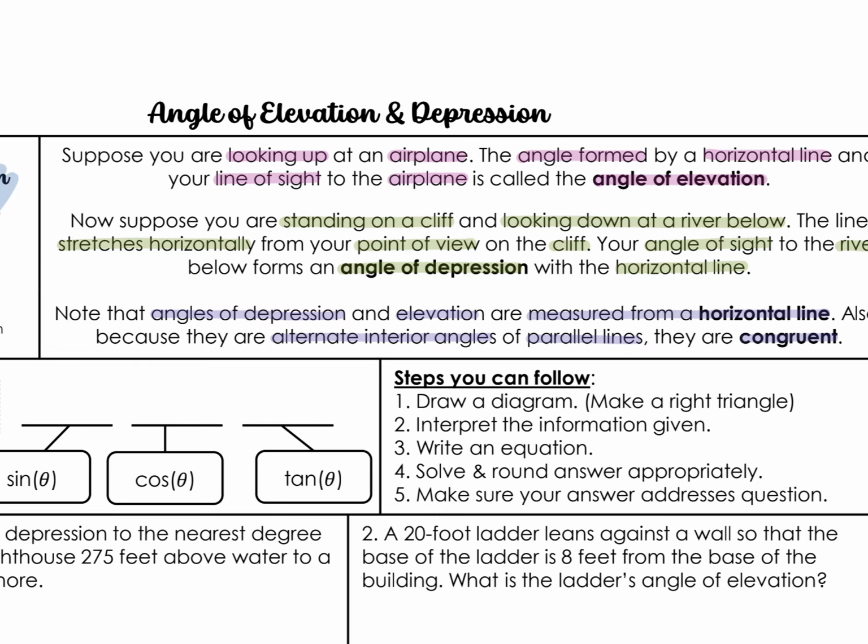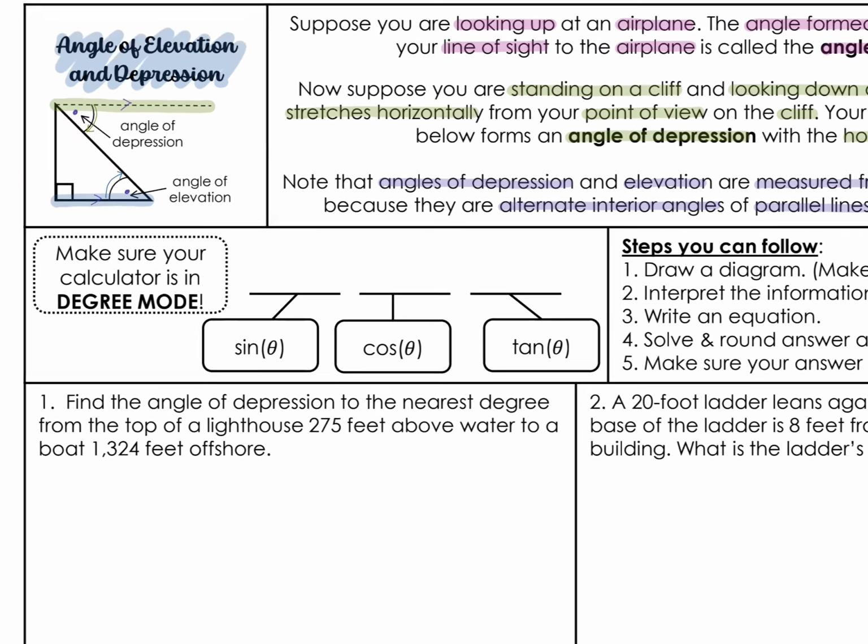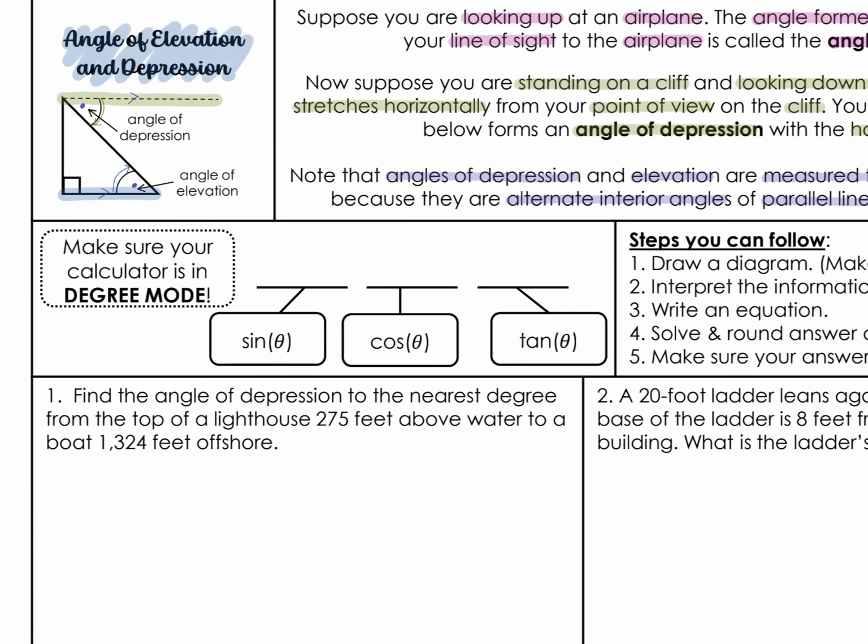All right, just a few reminders. Make sure that your calculator is in degree mode. That's going to be a very important one so that you can get the correct answer. And then our mnemonic device here, our memory tool, is going to be SOHCAHTOA.